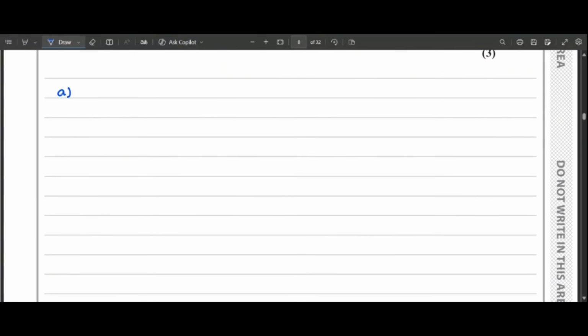So first of all, let me calculate the gradient for this line. M, the gradient for the line, will be equal to (y2 minus y1) divided by (x2 minus x1).